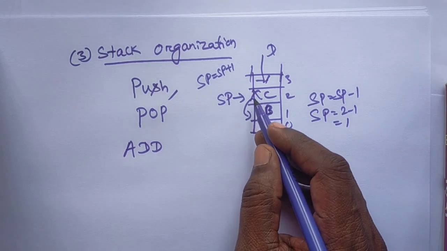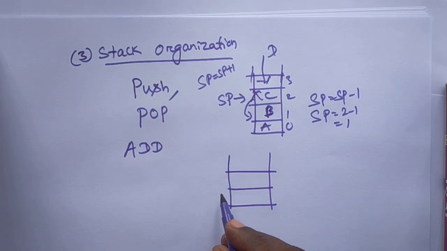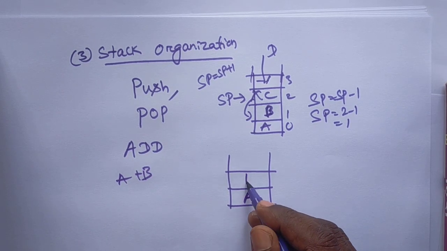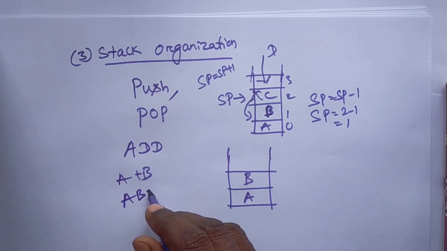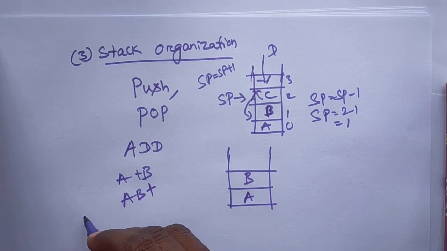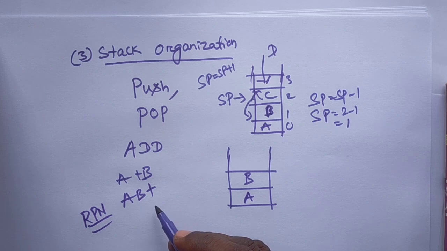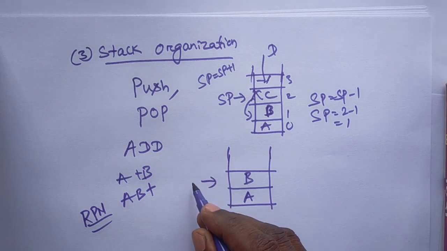For example, a very simple example is A plus B. Here is A, here is B. If we use reverse Polish notation, A B plus, RPN, it is easy to operate through stack organization. Otherwise some problem may arise, because it is unclear which operator will come and how to evaluate. So in this case, the data A and B are there, and the stack pointer is here.